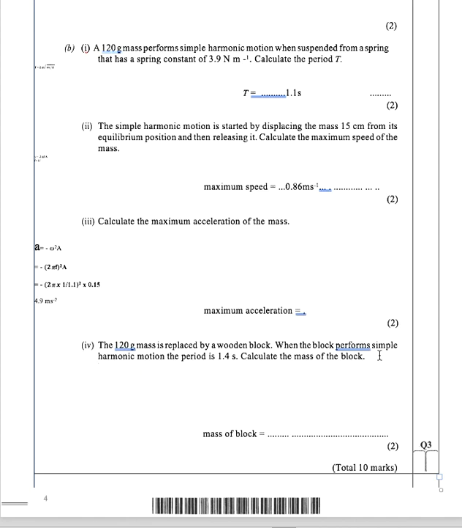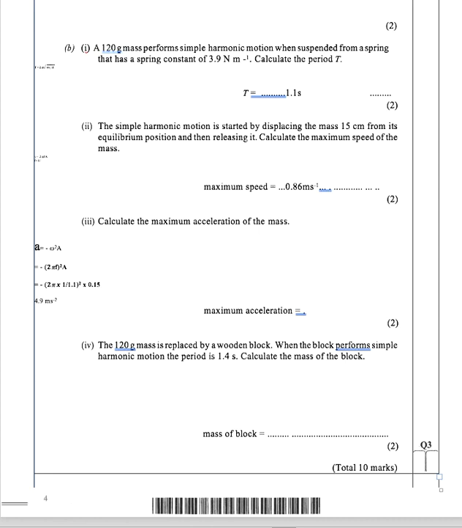So what do we know? Well, it's the same spring, so the spring constant's going to be the same. We have two periods, 1.1 seconds and 1.4. The only difference is the mass on the spring, and we want to know the mass of the wooden block.